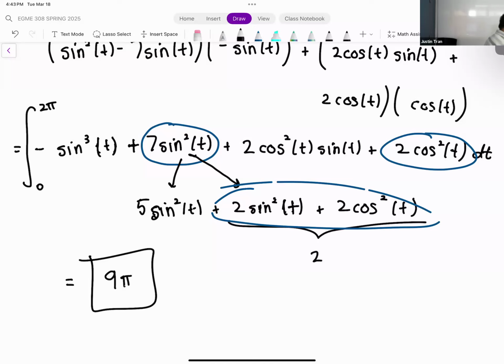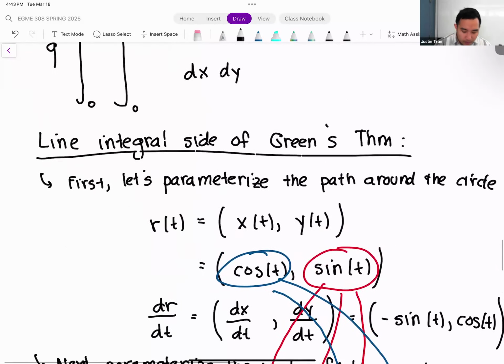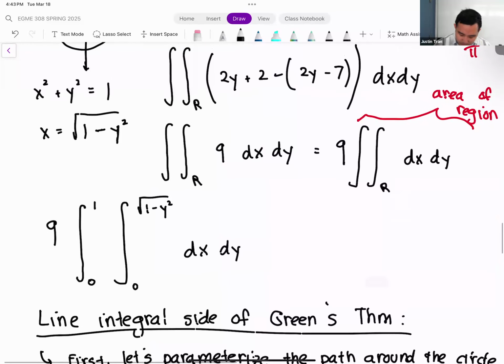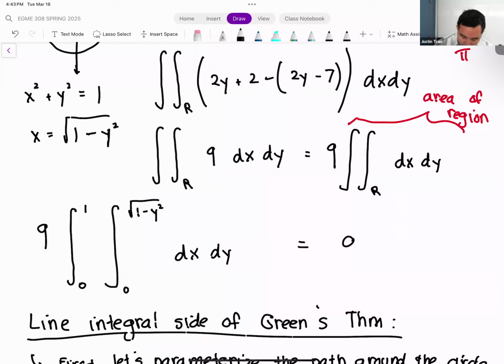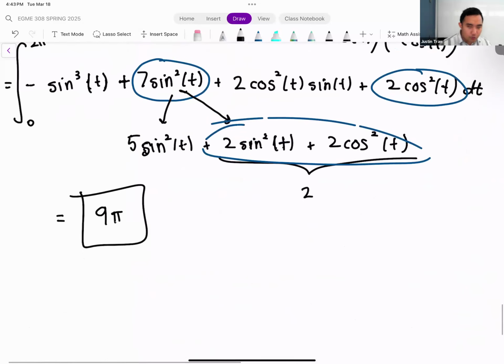And if you compare that to the result that we got from the double integral, way up here, I didn't actually write it out, we have 9 multiplied by the area of that region, which is pi. And so that just ends up being 9 pi. Okay. So through this example, we can see that in both cases, we end up with the same result. So whether we did the double integral or the line integral, we end up with the same answer.